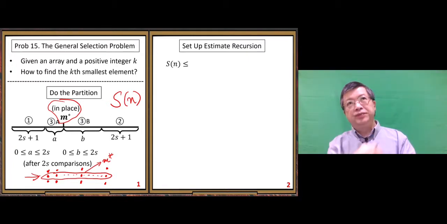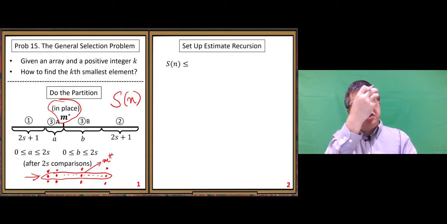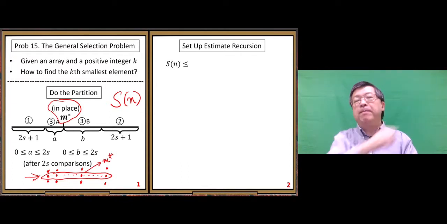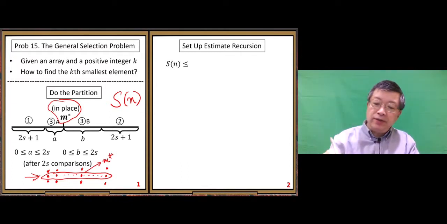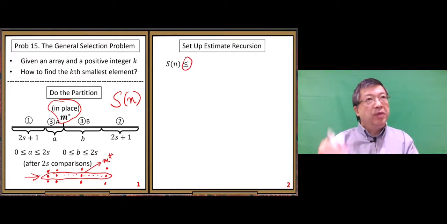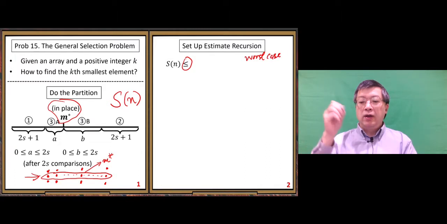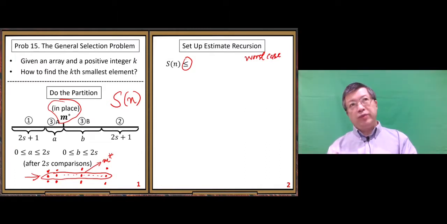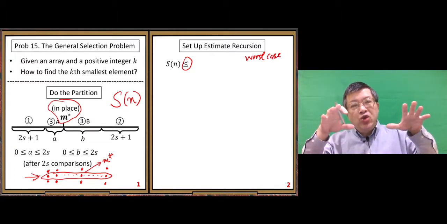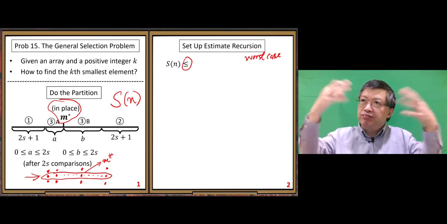Let's start at the left-hand side. That is our estimation goal, S of n, less than or equal. Why less than or equal? Because at the right-hand side, we use the worst case. When we estimate, we try to be a little more generous.